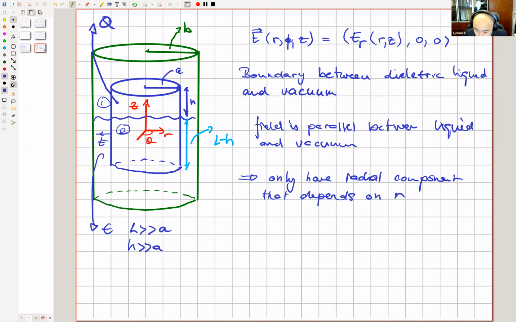So in region 1, the surface charge density is just epsilon naught E_r, at the surface, so r equals a.